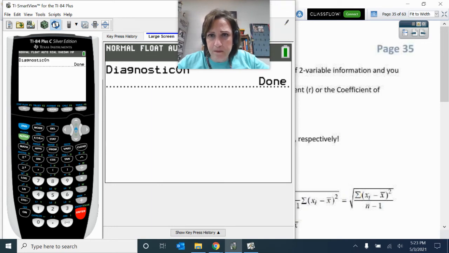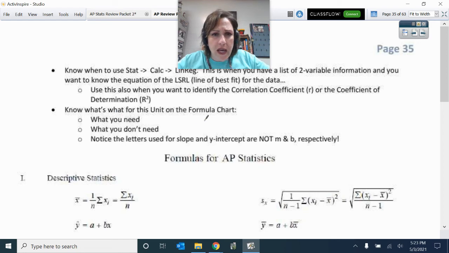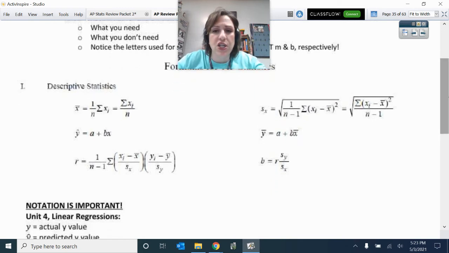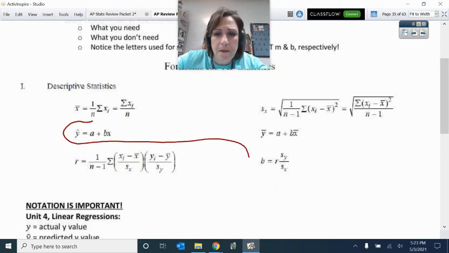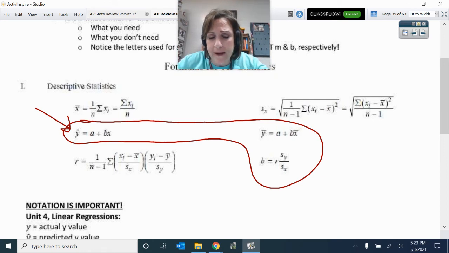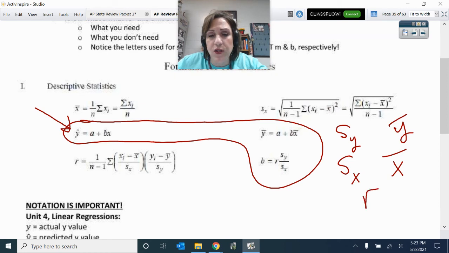And so let's finish this up. Okay, remember that, okay, so here's what these sections look like on the formula chart. All right, so this little piece here is where we've got the predicted y. Don't forget to always write it with the predicted y. And then if, say, you were given the standard deviation of the y, the standard deviation of the x, the mean of the x's, and the mean of the y's, and then they would give you the correlation.